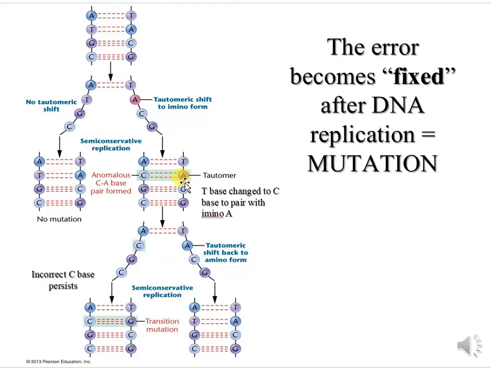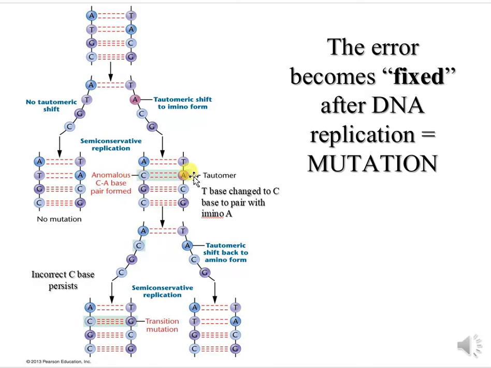Well, in this abnormal form, it creates an anomalous base pair with cytosine, right? So that T base, what happens here is you get the synthesis with this template, right? So because you have this abnormal form here, when this new strand is synthesized, you have cytosine placed here rather than thymine, right?